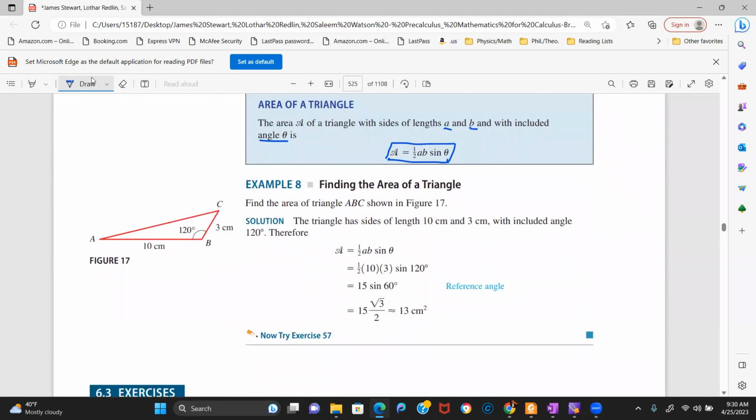So you have this triangle, you have this included angle of 120 degrees, and you want to find the area. I guess you could take this as A. I guess it really doesn't matter.